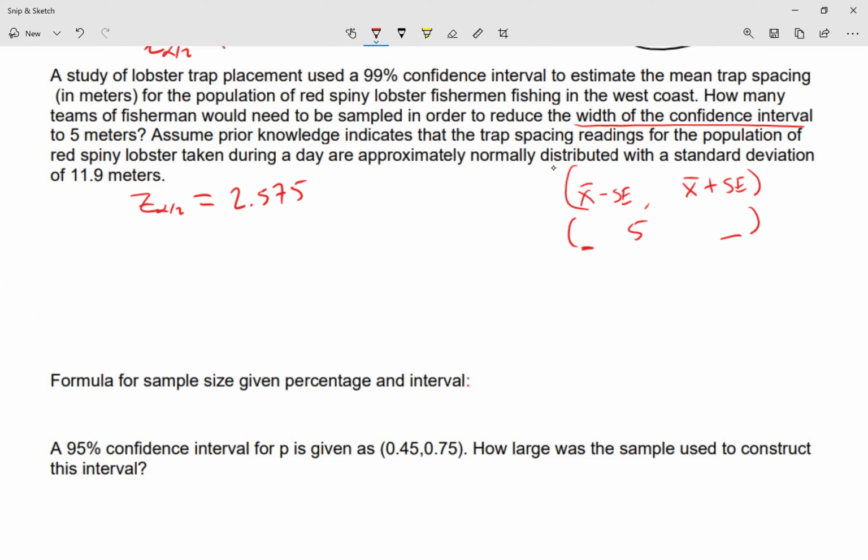Good. So yeah, it is half, right? Because there's my X crossbar in the center. So I'm gonna say my standard error in this case is 5 divided by 2. So my standard error is gonna be 2.5.